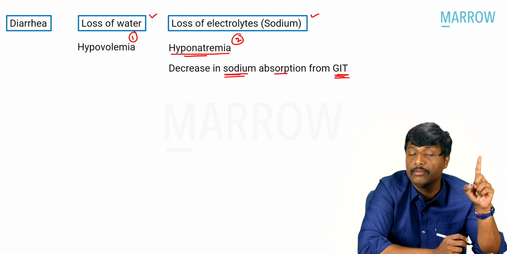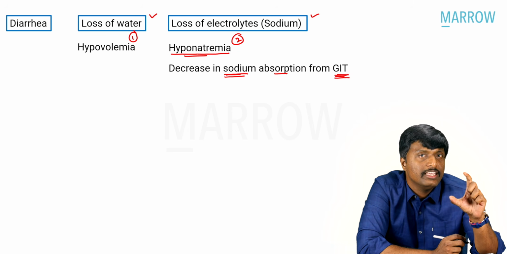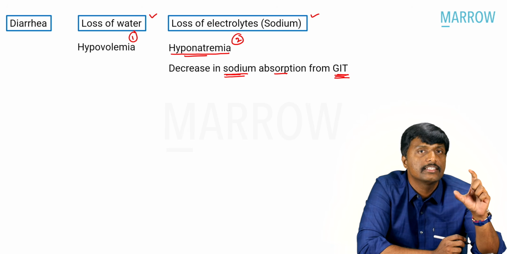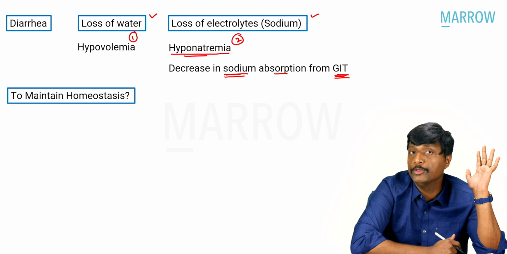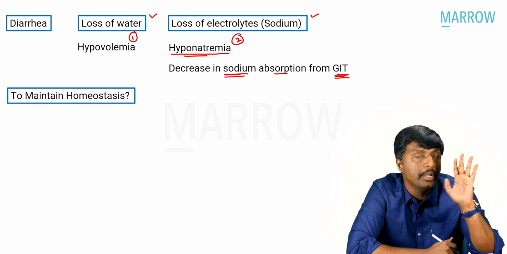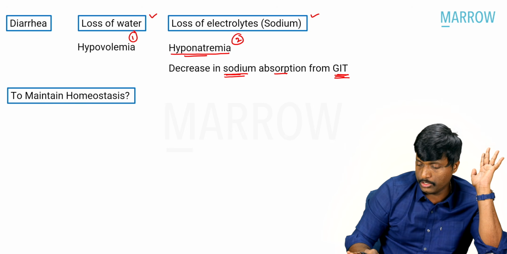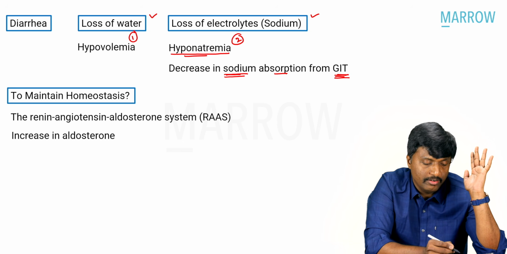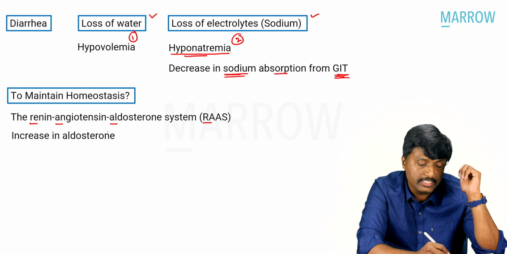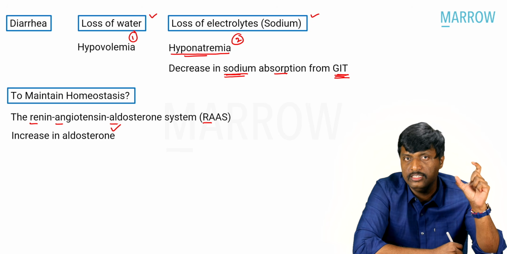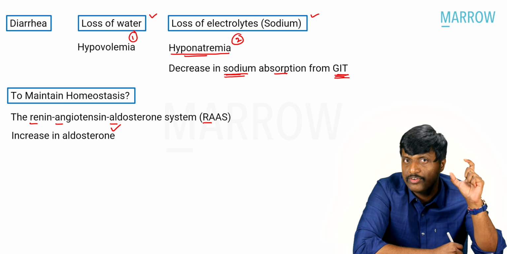So there is hyponatremia, so there is a disorder here. The body, the system, is always interested in balance, to maintain homeostasis. 2 systems are going to get activated. The first one is obviously the RAS, the renin, angiotensin, aldosterone system, with a rise in aldosterone, which conserves sodium in the kidney.